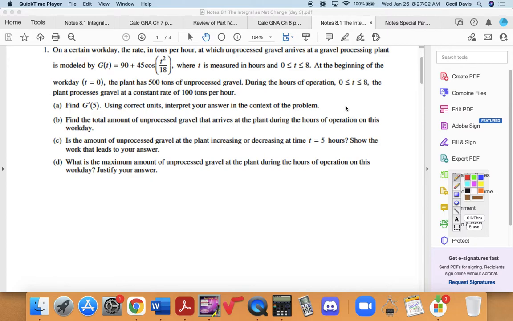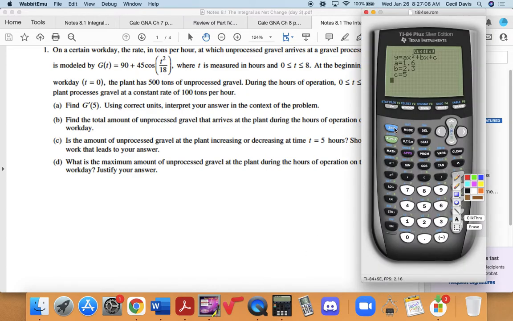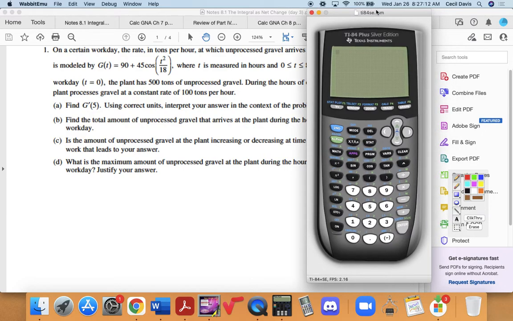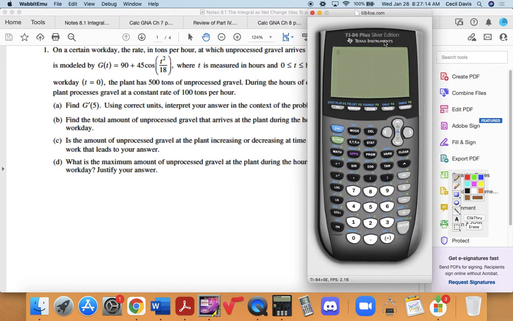All right, so we want to find g prime. Since I'm going to use this same equation probably more than once, I'm going to put it in y1 so that I don't have to keep typing that in over and over again.